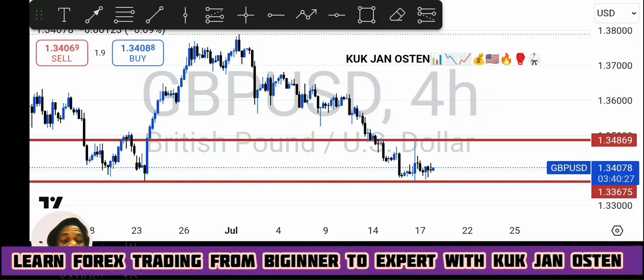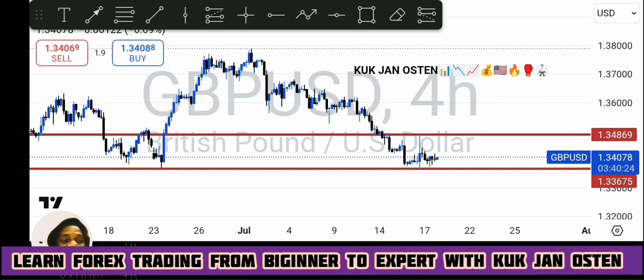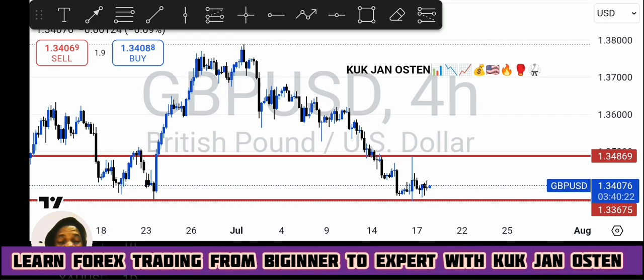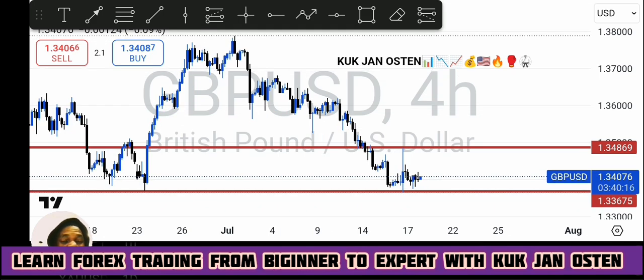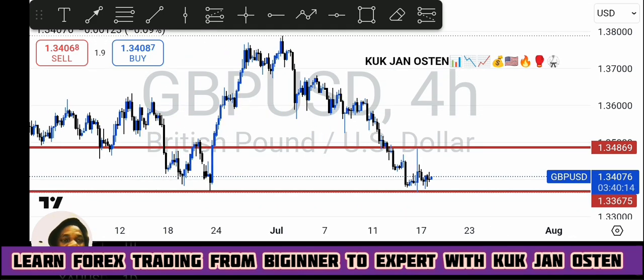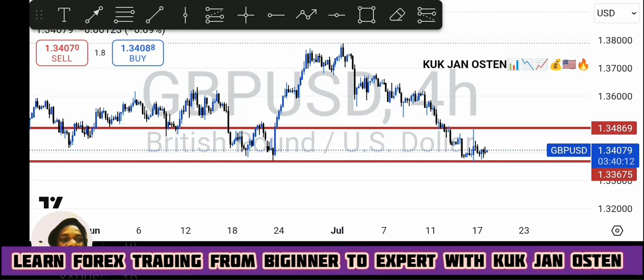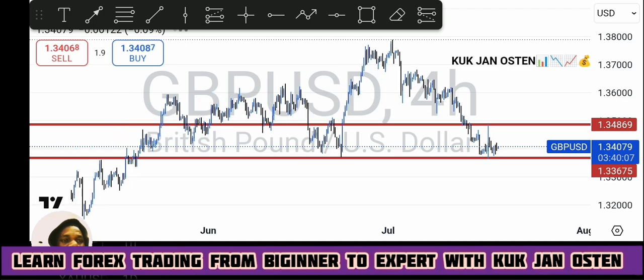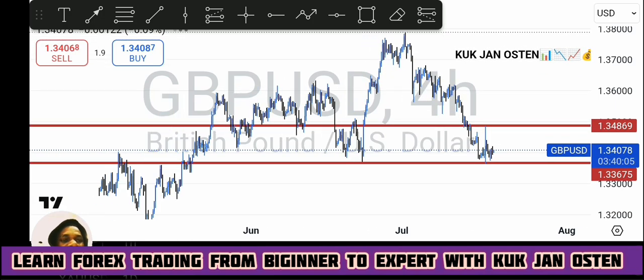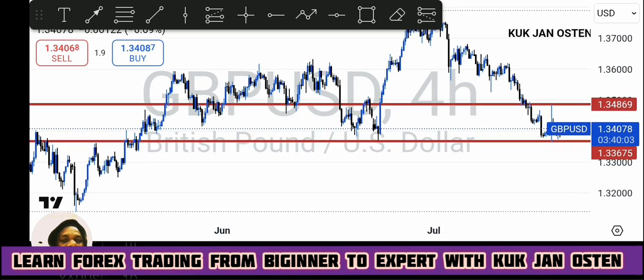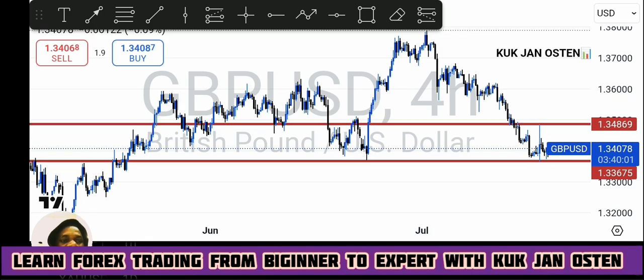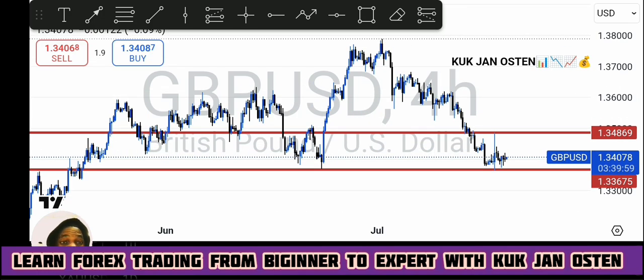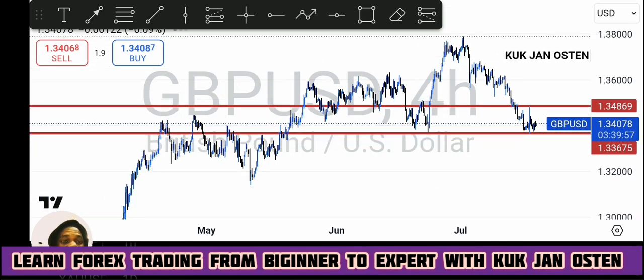When you come to the 4-hour time frame, first look for the overall direction. What's the overall direction in the 4-hour time frame? It shows that there is a bit of consolidation from the downward. The market was slightly in an uptrend, and then it started consolidating.